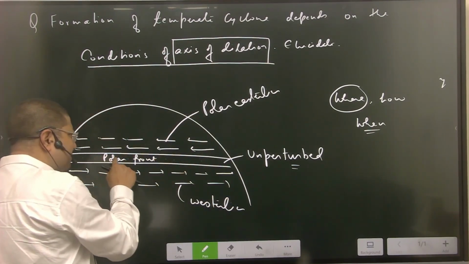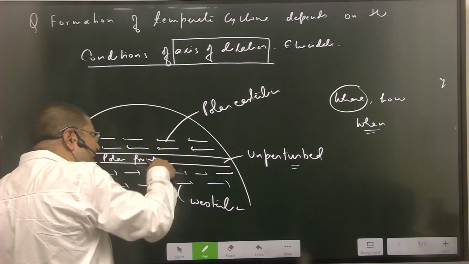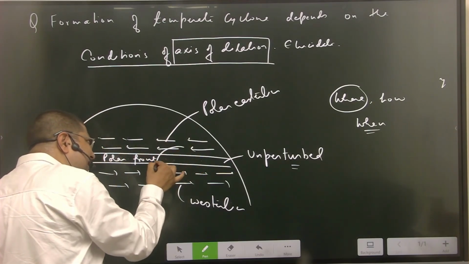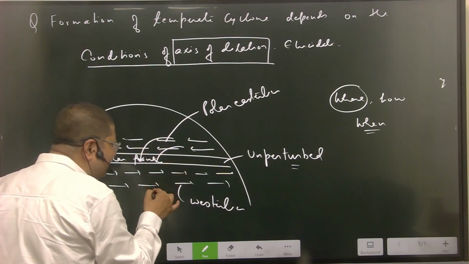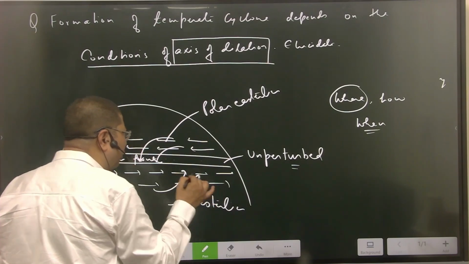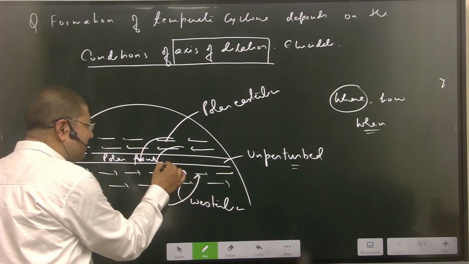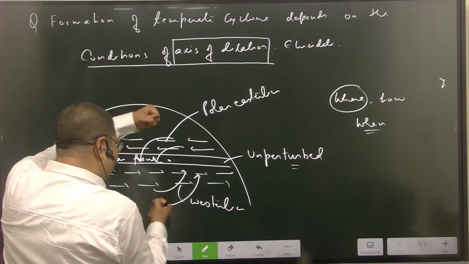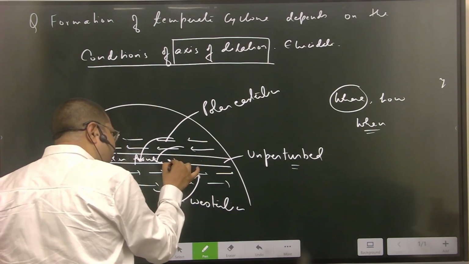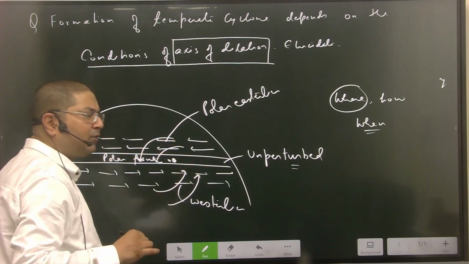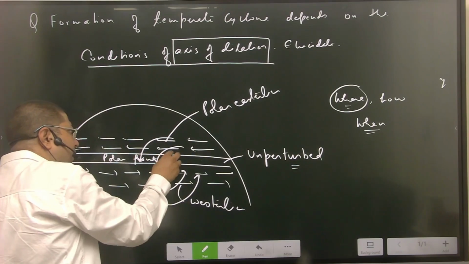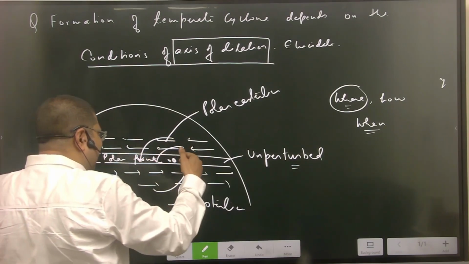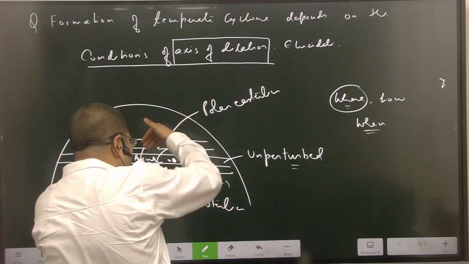It always takes place on this polar front whenever the polar easterlies converge equatorward and warm westerlies turn poleward. Whenever this convergence takes place, the formation of temperate cyclone takes place, wherever the unperturbed front is distorted by a wave shaped discontinuity.